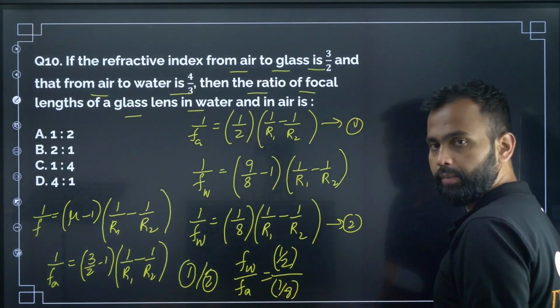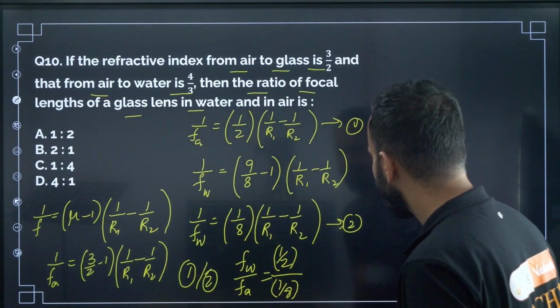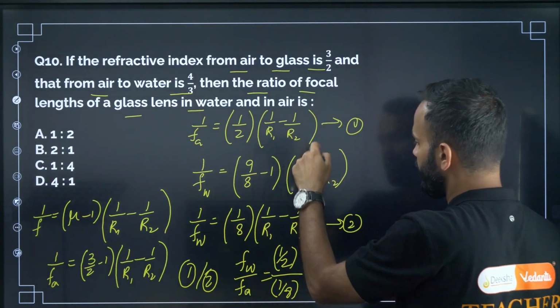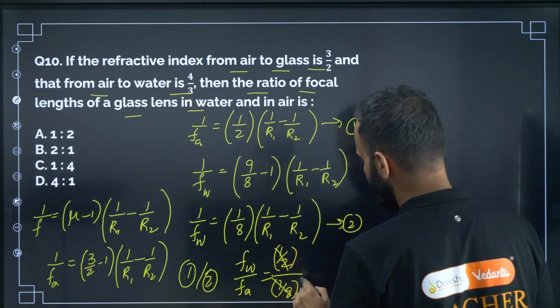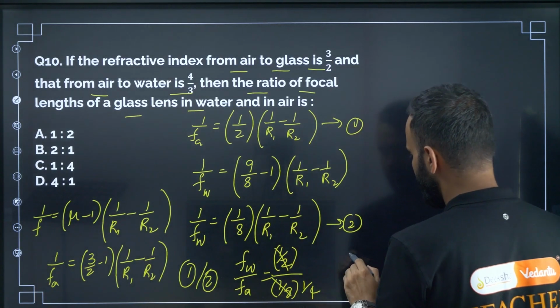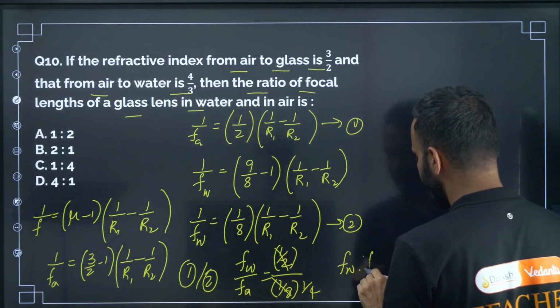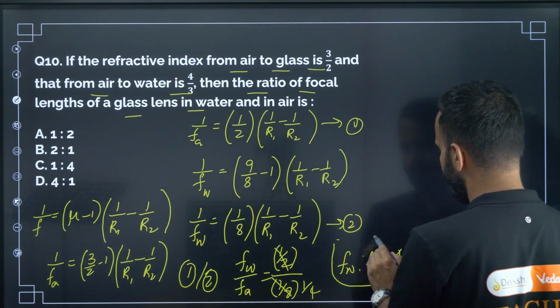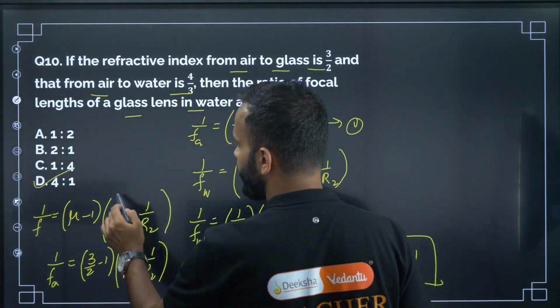The 1 by R1 minus 1 by R2 terms cancel. So this will be 1 by 2 divided by 1 by 8, which is 4. So Fw is to Fa is equal to 4 is to 1. So the correct option is D.